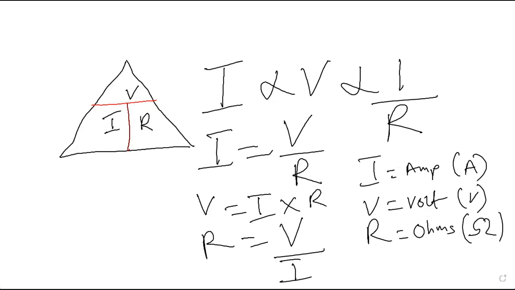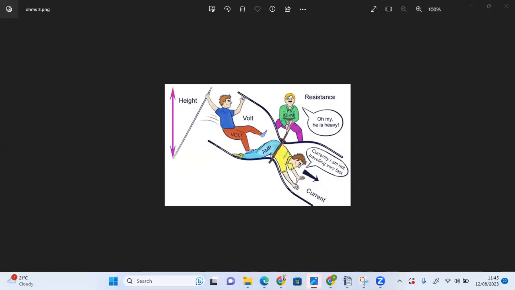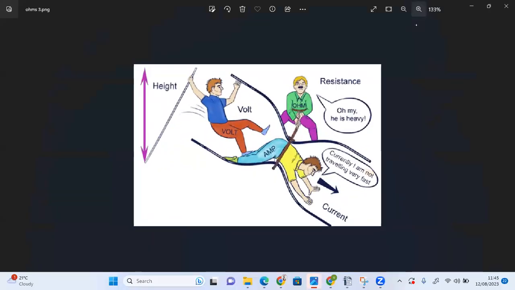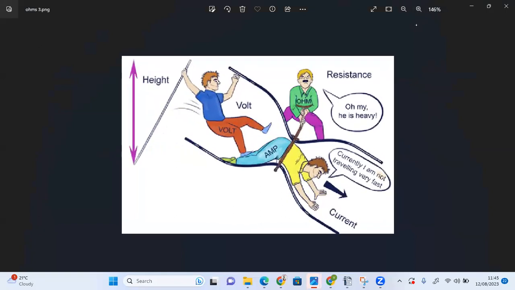I'm going to take us back to a pictorial view of how a layman will be able to explain Ohm's law. Now, I want us to take a look at these 3 individuals. The person in blue is the potential difference, which is the voltage. The voltage is stored in different vessels.